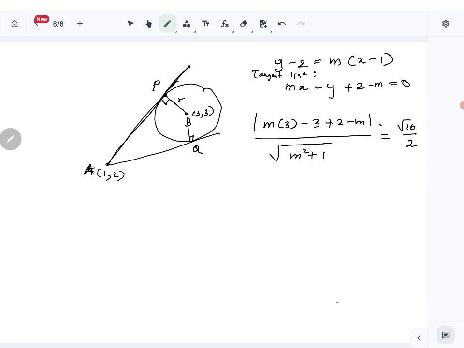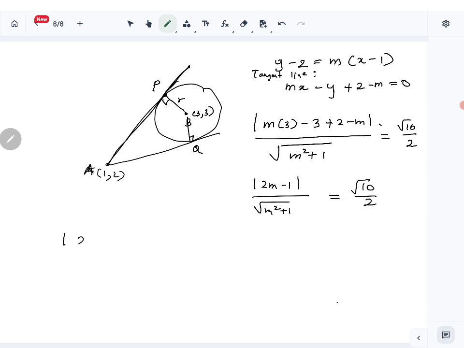That's the radius. Now let's simplify. What do we have inside? 3m minus m, 2m, 2m minus 1. So |2m − 1| over the square root of m squared plus 1 equals root 10 over 2.